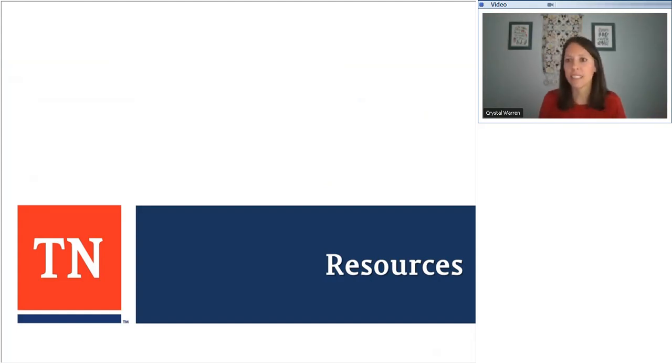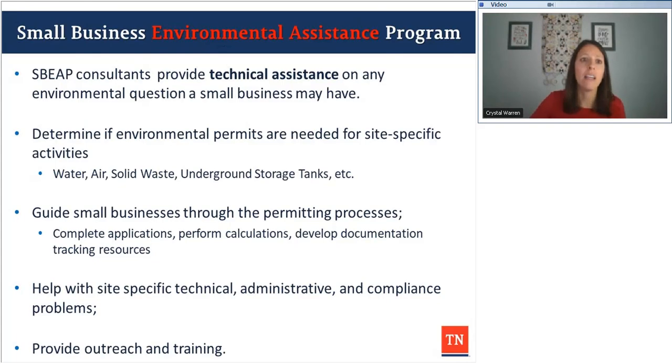Resources. We try to provide as much information as we can online. First, forgot about this one, we are a resource, the Small Business Environmental Assistance Program. As I mentioned, there's a colleague and me, Donovan, and we work statewide. Our role is to provide technical assistance on any environmental questions that a small business may have. We can help determine if environmental permits are needed for site-specific activities.